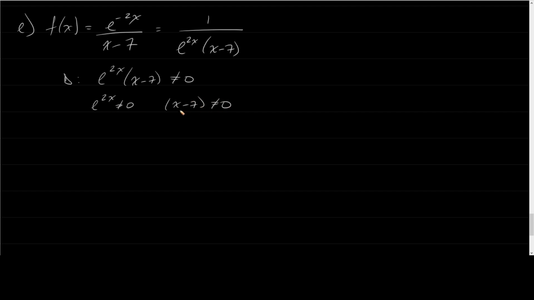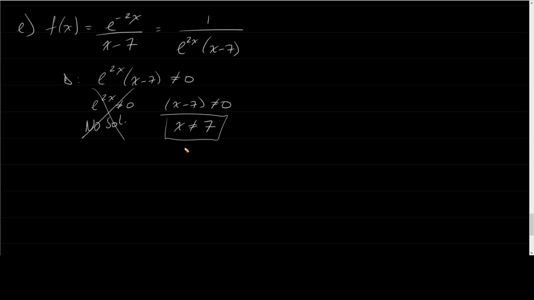In this equation over here, we end up with x cannot be equal to 7. In this one over here, well, exponentials are never 0, so this has no solution. So we completely ignore that and we say, well, this is our domain. X cannot be equal to 7.